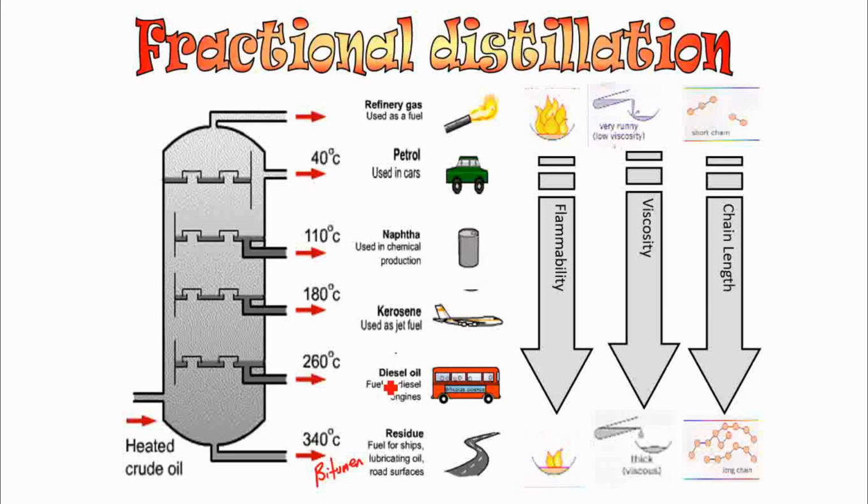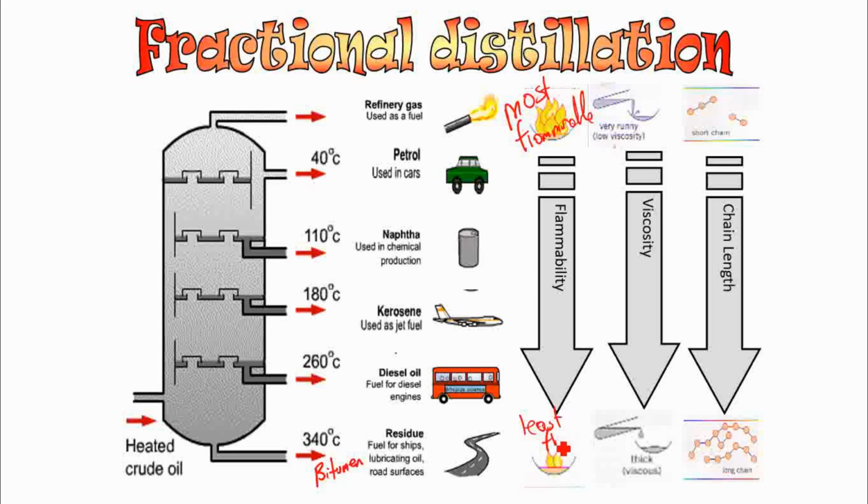Okay, so what you need to know, the ones at the bottom have the biggest chain length. The ones at the bottom are always very viscous, which means that they're quite thick. But the ones at the top are the most flammable, and these at the bottom would be least flammable.